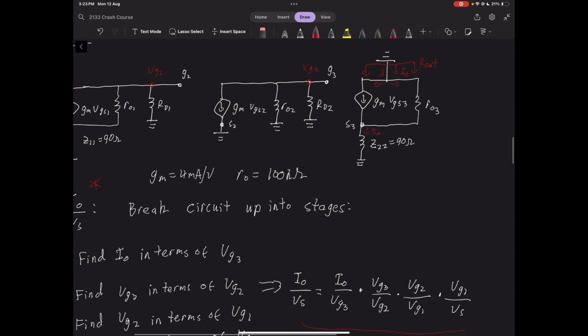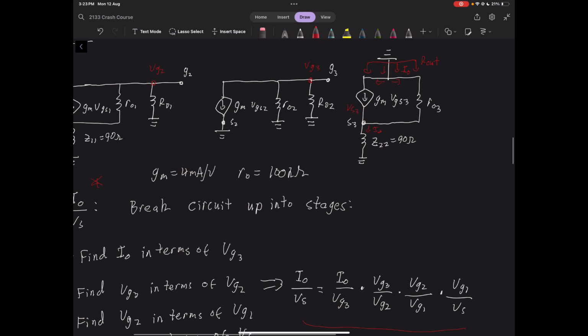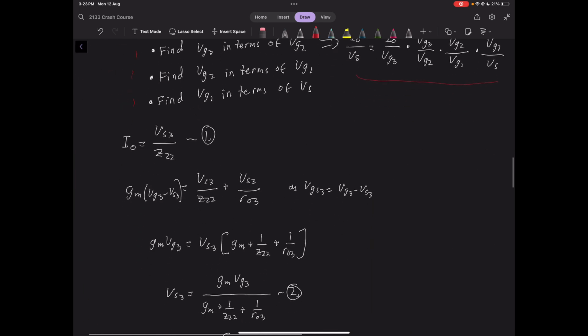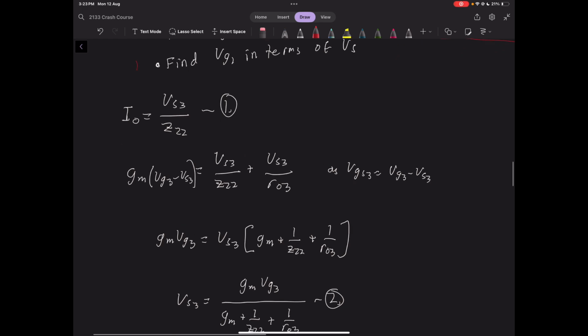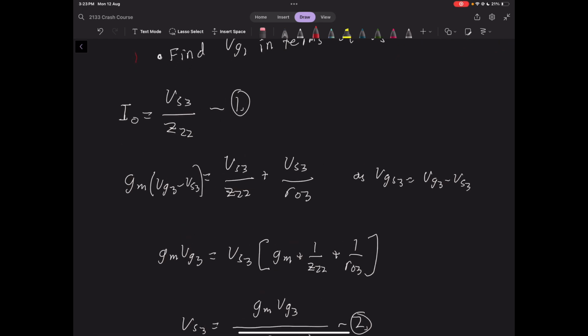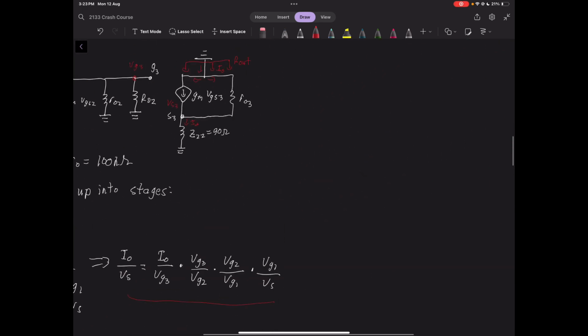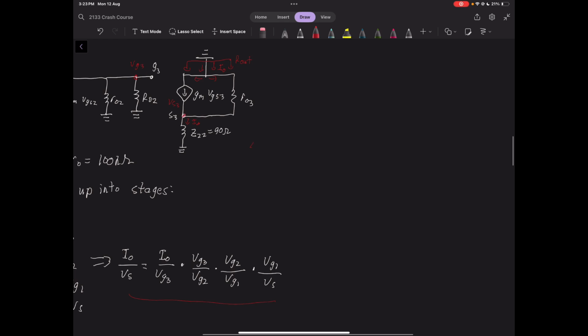So again, this voltage here is VS3. Then we also use the fact that we use KCL at this node here. We know that the current going in, gm VGS3, must equal the currents going out.